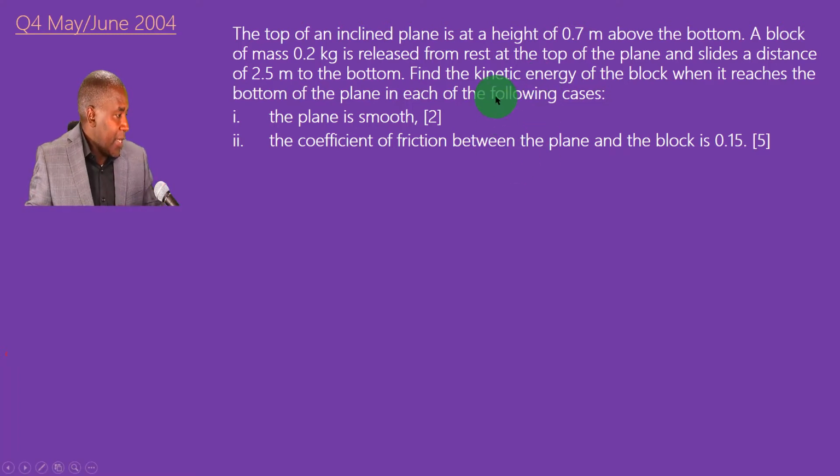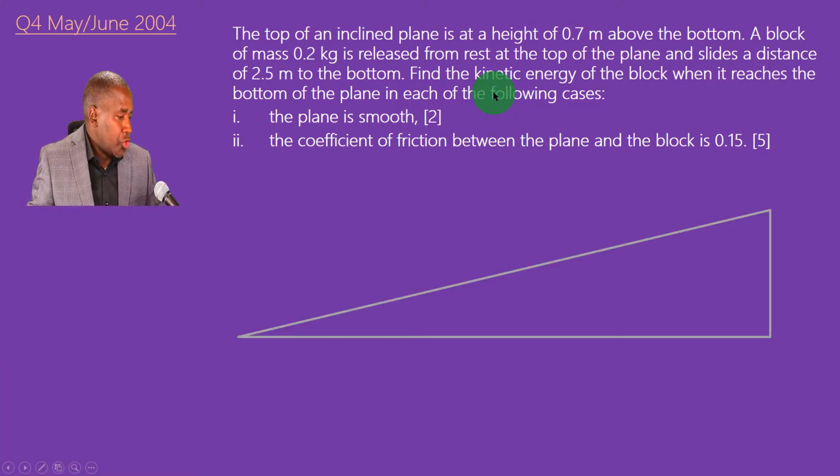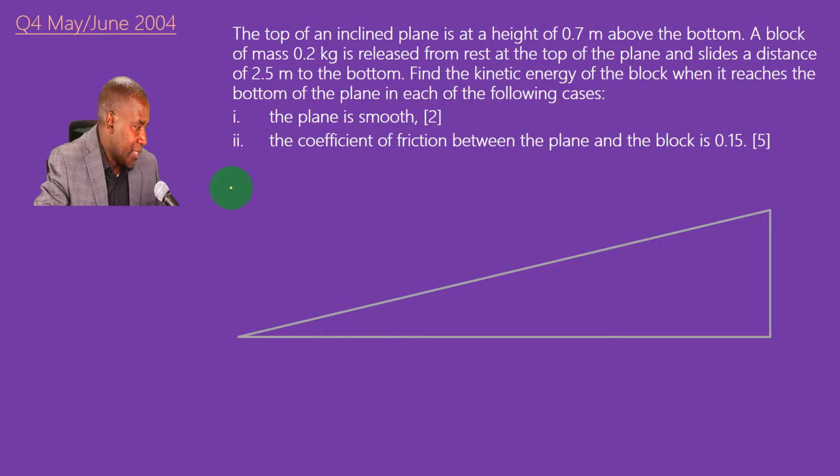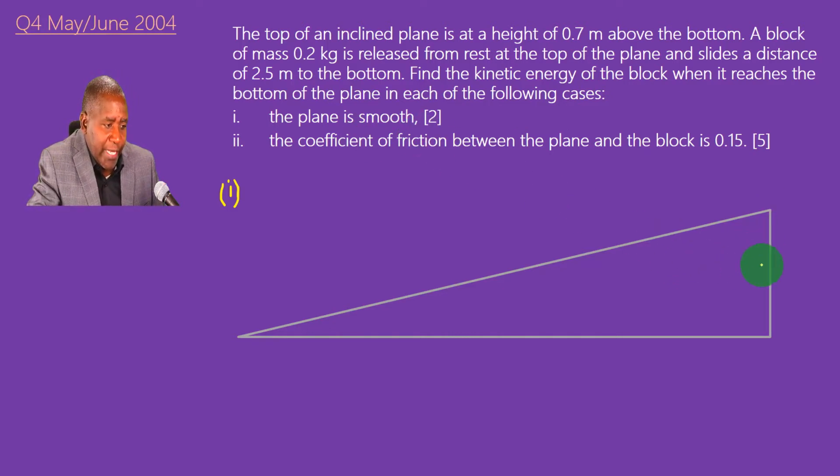So I have drawn an incline that we can use for the first case. So let's look at this first case here. We want to find the kinetic energy of the block when it reaches the bottom of the plane in this case. This top of the incline is at a height of 0.7 meters.